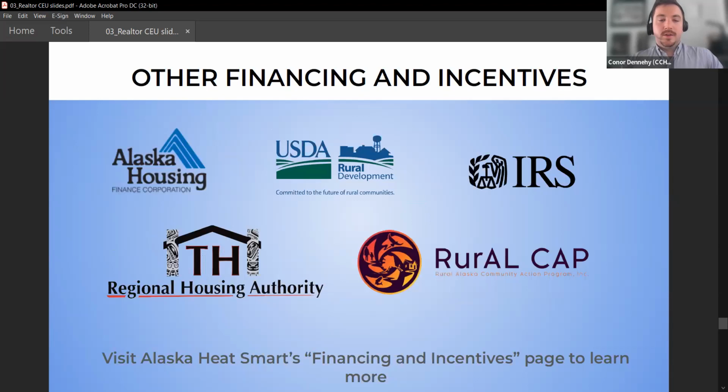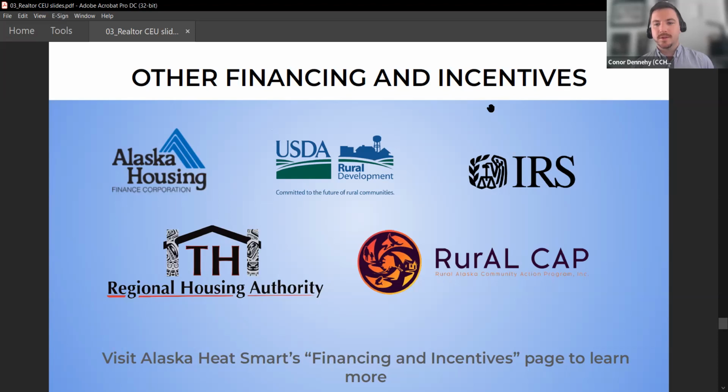And so here locally and nationally, we've got a few different resources that we just want to show you here. So Alaska Housing Finance Corporation, many of you are definitely familiar with AHFC. USDA has grants. A lot of their grants are focused on renewable technologies. So it might just be solar PV, but they do have things in there for energy efficiency every once in a while.